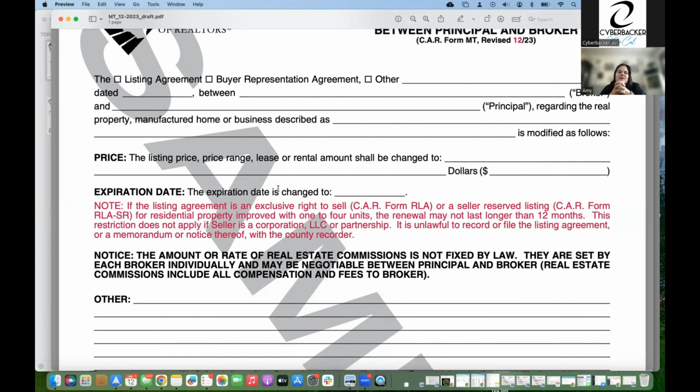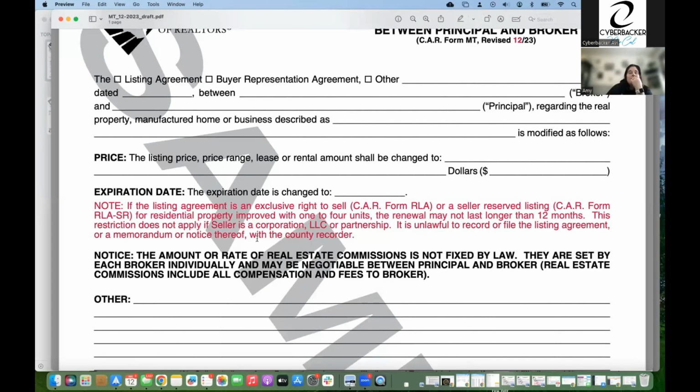So if a listing agreement is an exclusive right to sell, CAR Form RLA, that should be the only one that we use, or a seller reserved listing for residential property improved with 1 to 4 units, the renewal may not last longer than 12 months. This restriction does not apply if the seller is a corporation, LLC, or partnership. It is unlawful to record or file the listing agreement or memorandum or notice thereof with the county recorder.